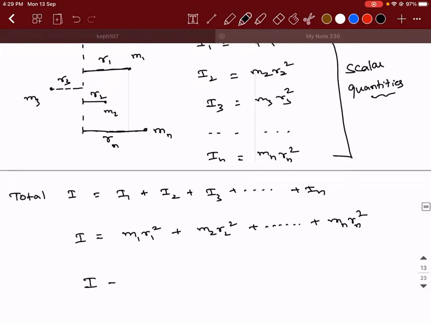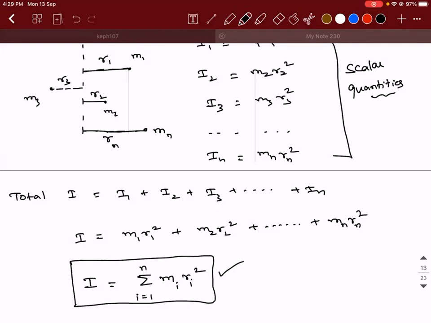So if I have to give a general formula for it, it is sigma mi ri square, where i is equal to 1 to n. So this is how you calculate the moment of inertia for a system of n particles.